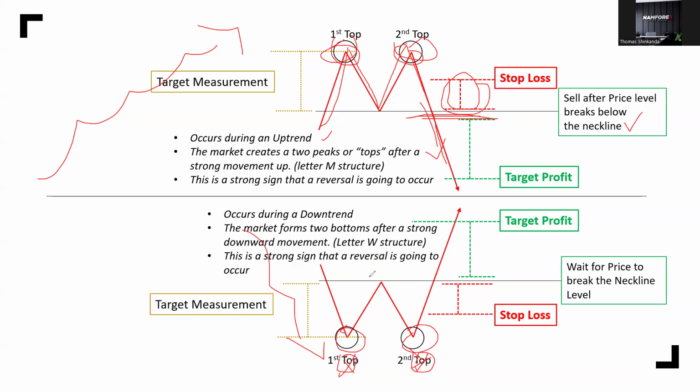This is a strong sign that a reversal is going to occur. So wait for price to break the neckline level here. Then you're gonna buy, setting your stop loss here, and then your target profit should be somewhere there with a 1 to 2 risk to reward ratio, at least 1 to 2 risk to reward ratio.